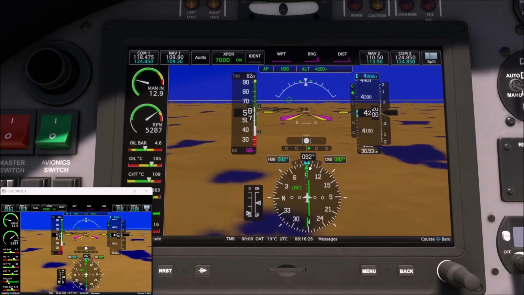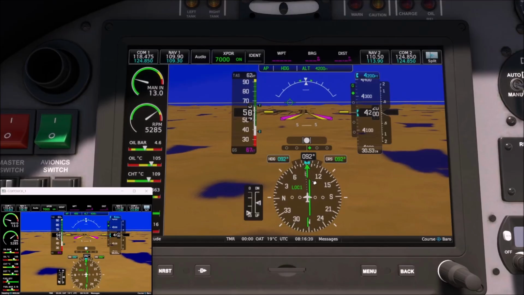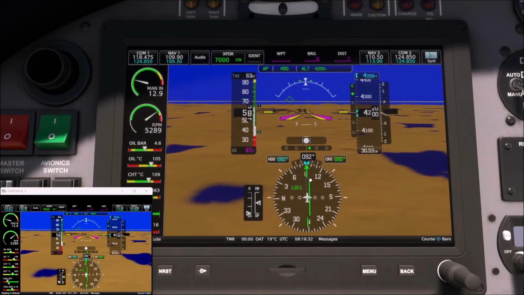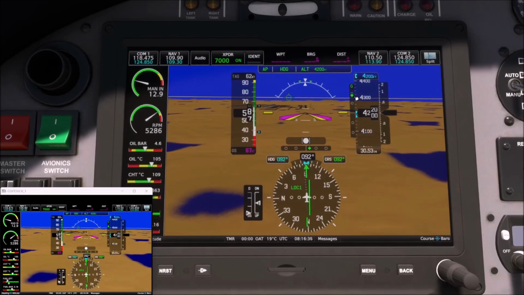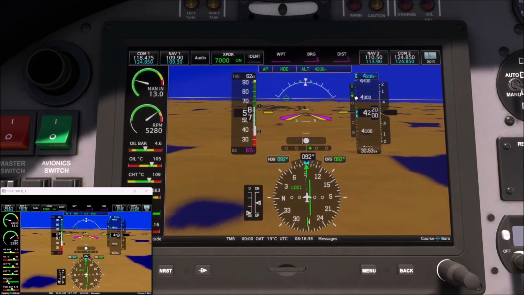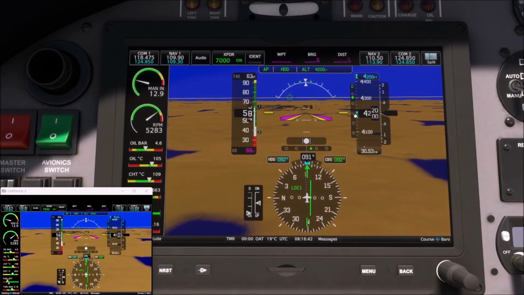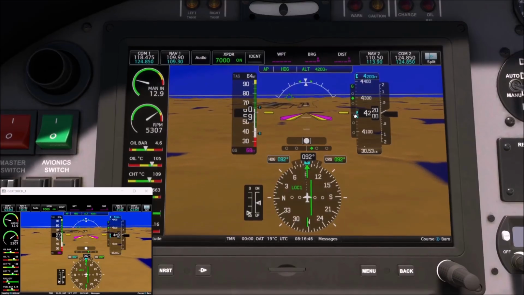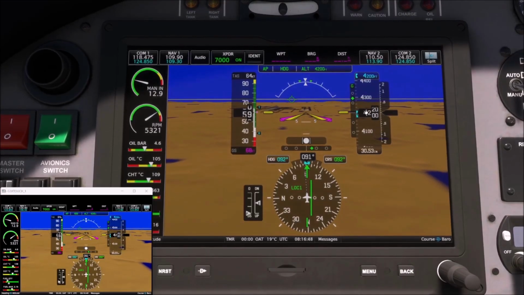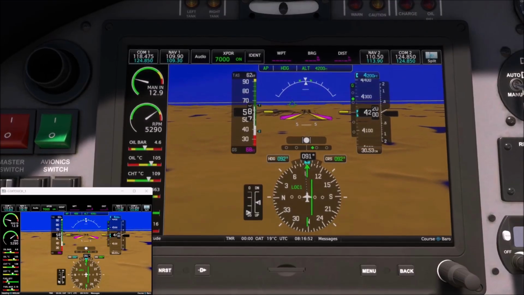We are established on the localizer. We are almost on the middle. We see this green line here. And as we said many times, when this green rhombus goes exactly here on the middle, we will activate approach.